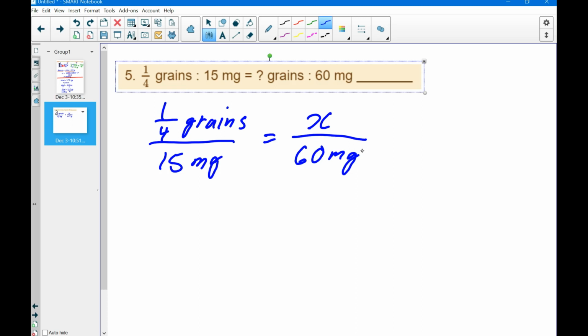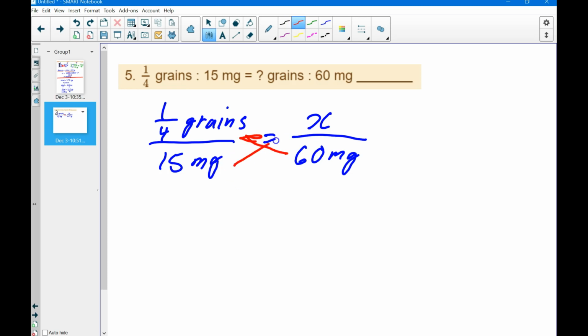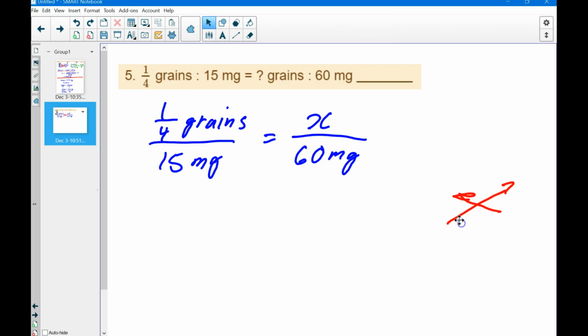So, now we have that set up properly. It's cross multiplying again. So it's this one times this one, 60 times 1/4, and 15 times x. But because the x is on the top, we can take the last part and say, you don't need to do that. You just need to do this, since we're solving for x anyway.